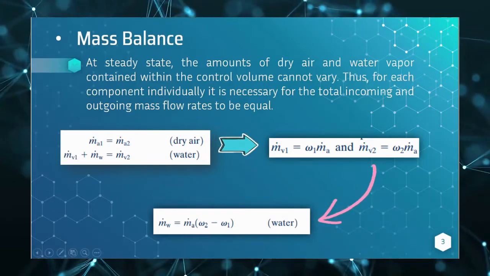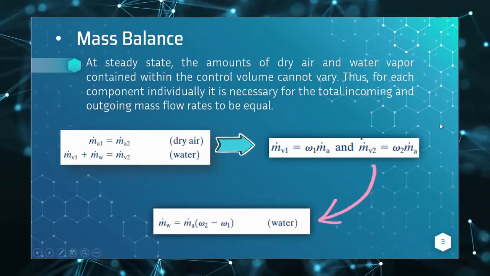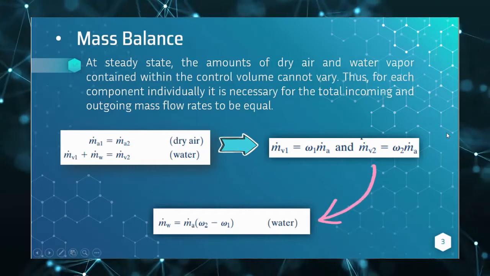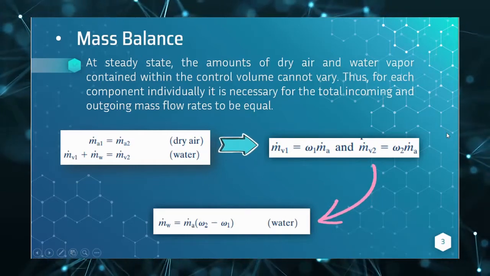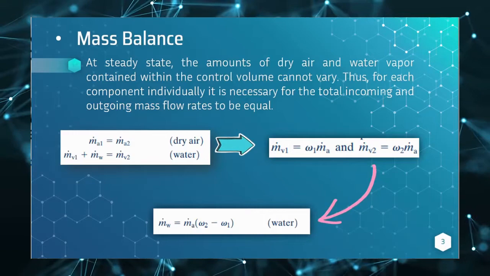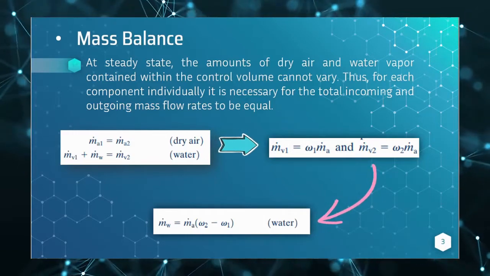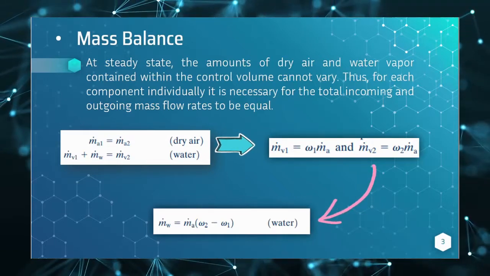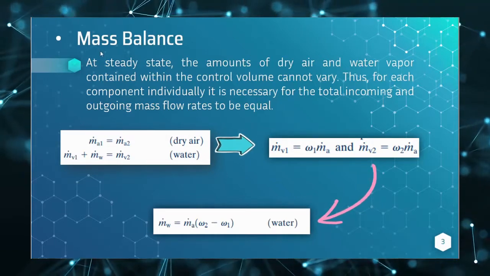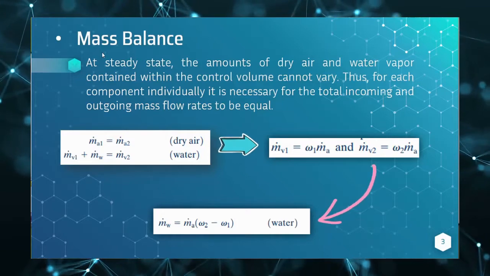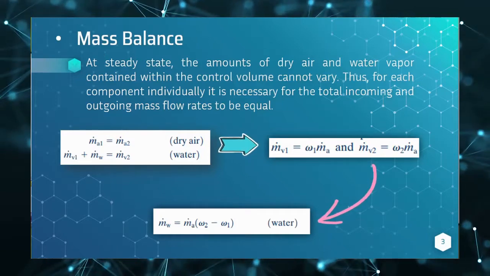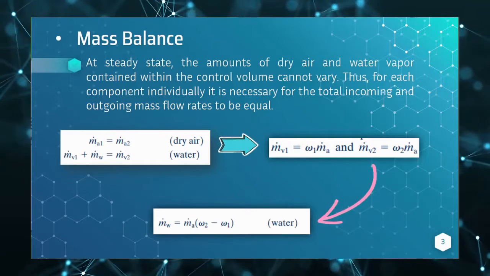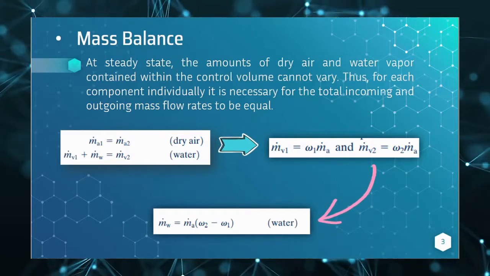The mass flow rates of water vapor can be expressed conveniently in terms of humidity ratios, that is m_v1 is equal to ω1 m_a and m_v2 is equal to ω2 m_a. With these expressions, the mass balance for water becomes m_w is equal to m_a times the quantity ω2 minus ω1. When water is added at 3, ω2 is greater than ω1.